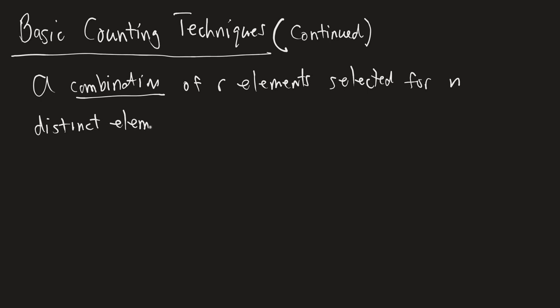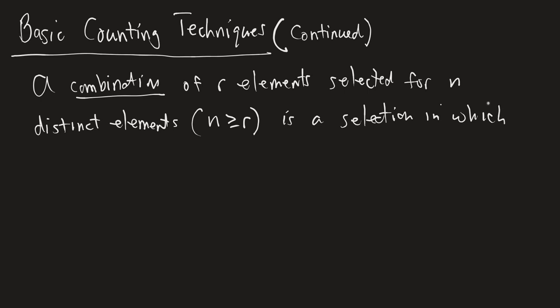And again, even when we just write or say this phrase, what's implied is that n is greater than or equal to R. A combination of these R elements selected from n elements is a selection in which order does not matter. Well, what does that mean?